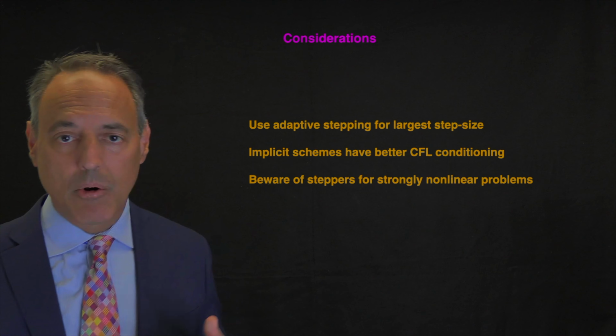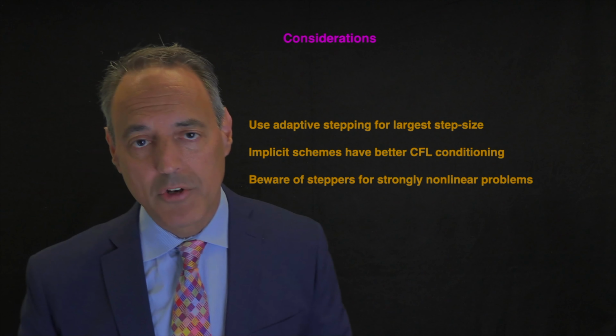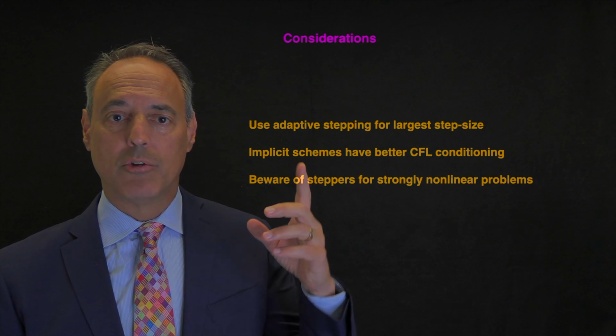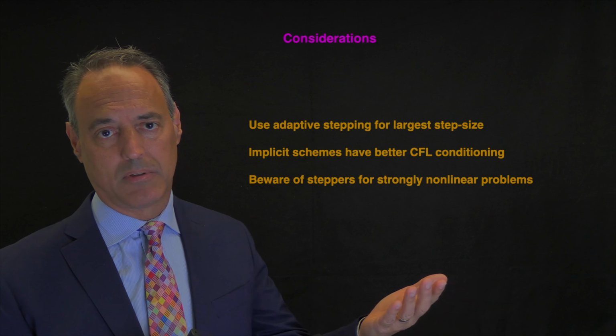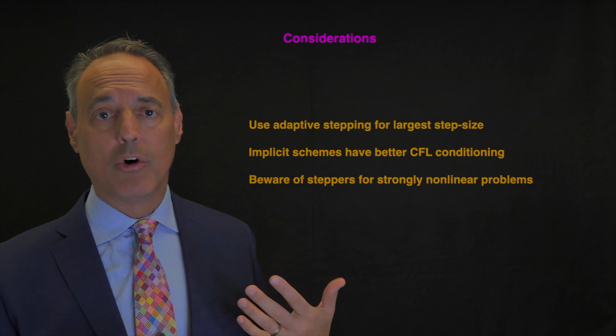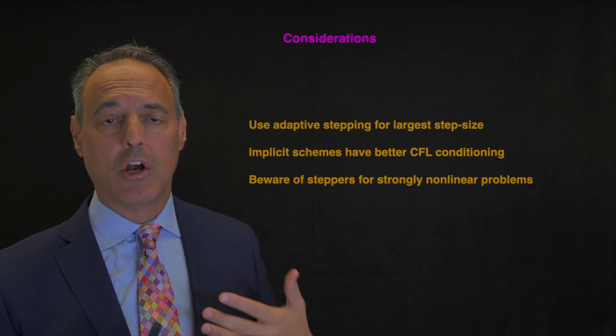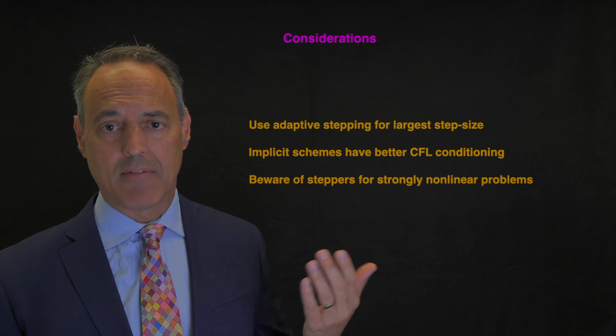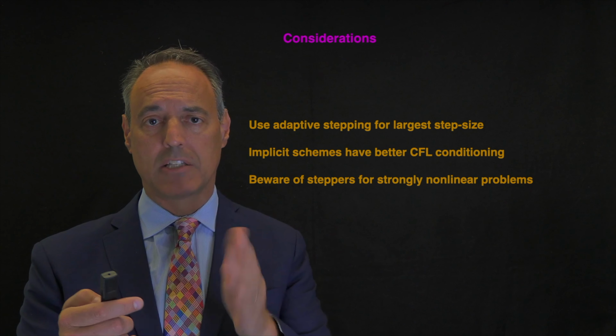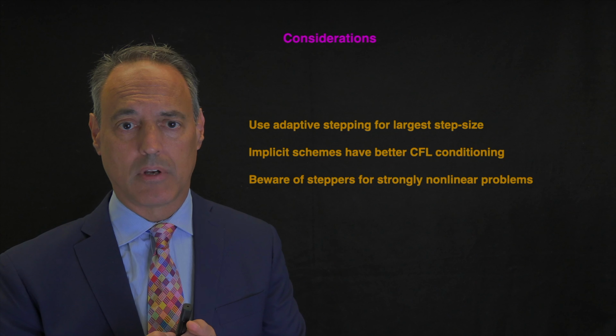So some general rules of thumb. Whenever you're solving these, you want to use adaptive time stepping in order to take the largest time step possible. In fact, almost every single ODE solver that you might encounter has adaptive stepping, and that's exactly the reason: so that you can take as large a step as possible to march into the future. Okay?